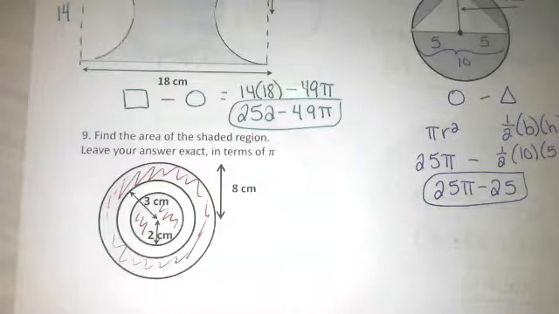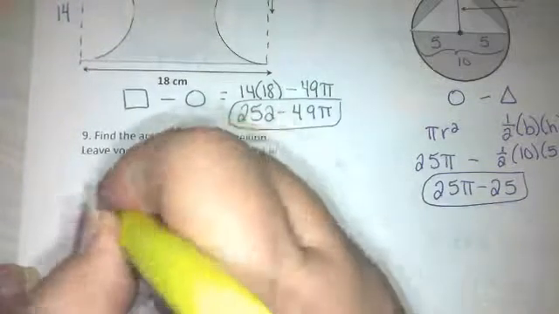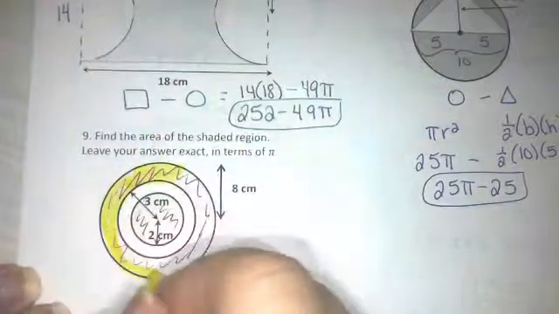The outer ring and the smallest ring in the middle. Yeah. 9 pi, and then 4 pi.